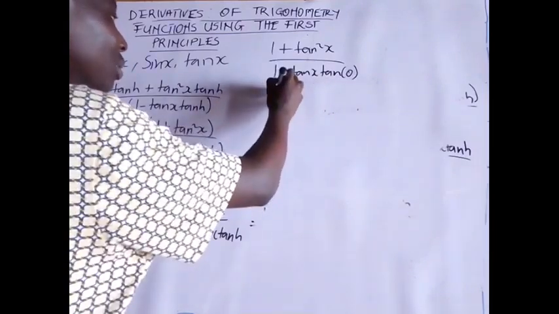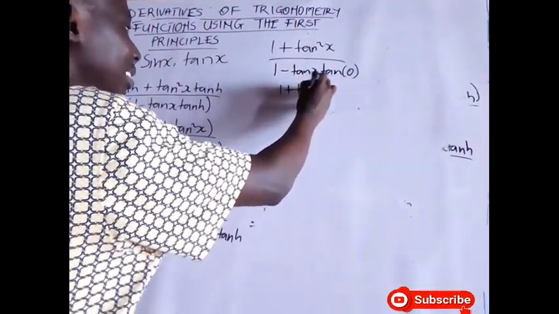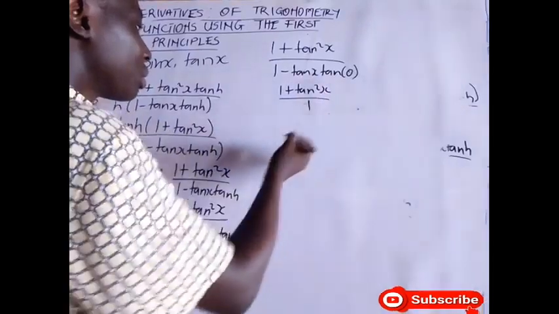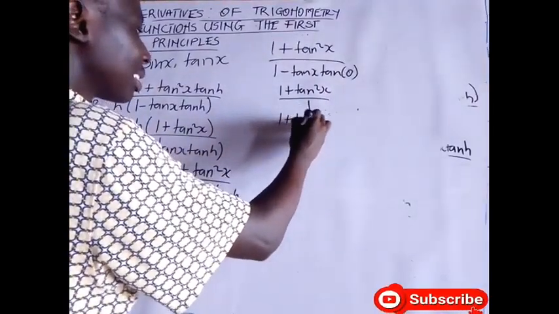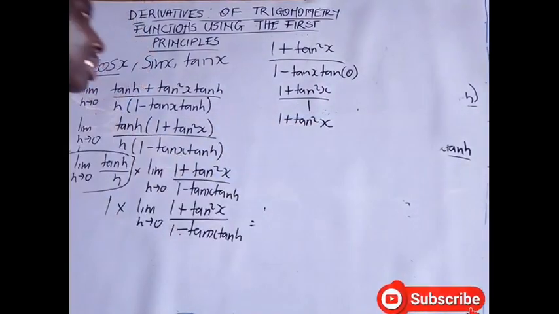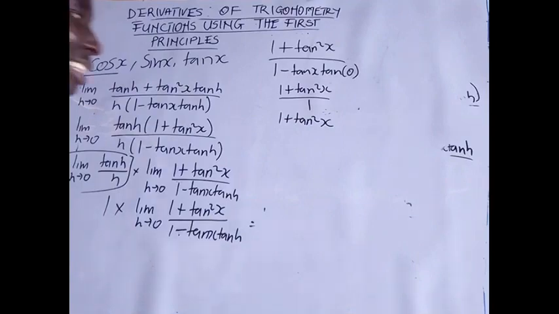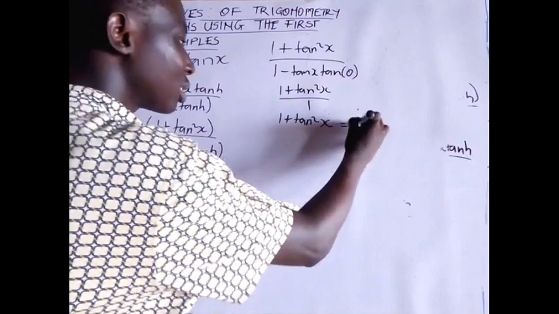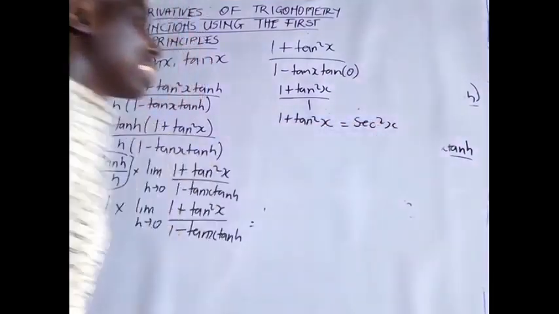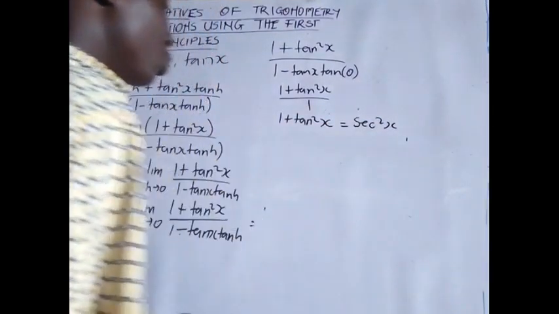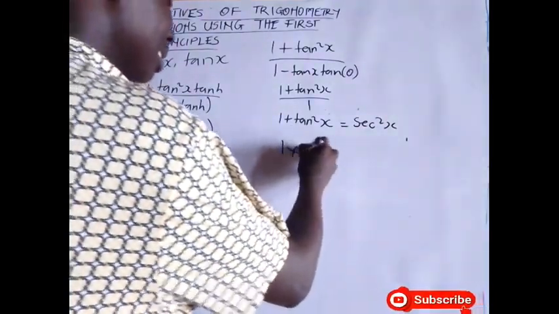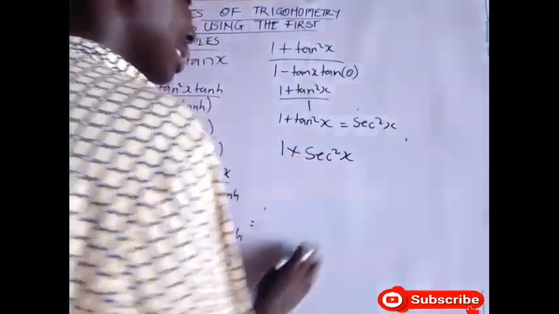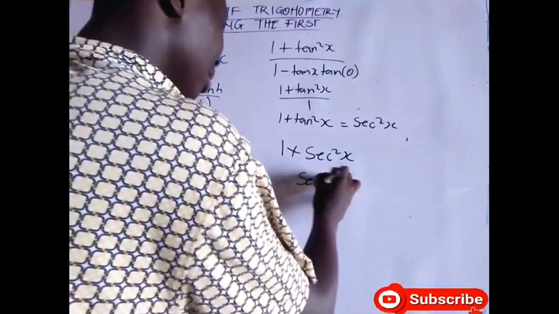So we get 1 plus tan square x over 1, which is equal to 1 plus tan square x. But we know that 1 plus tan square x is equal to sec square x. So when we combine the two, we have 1 times sec square x, which will give us sec square x.